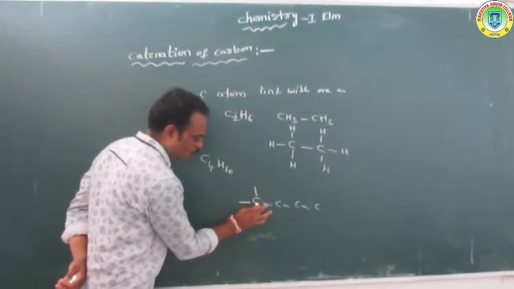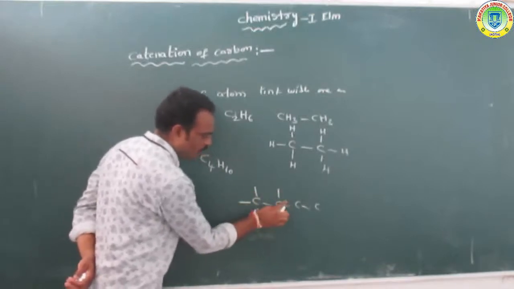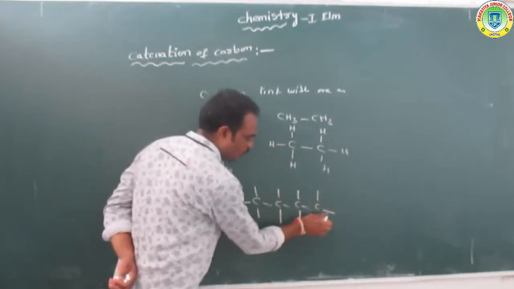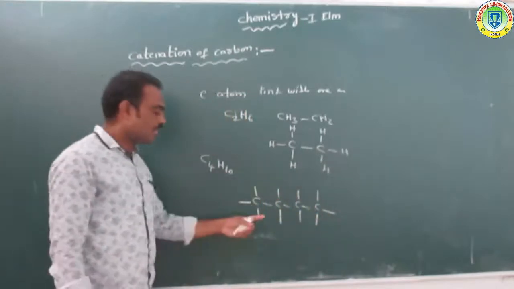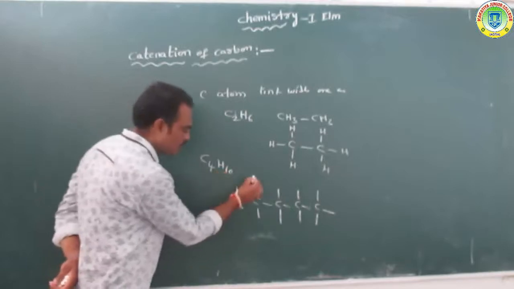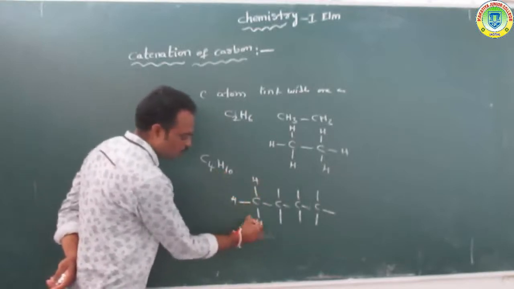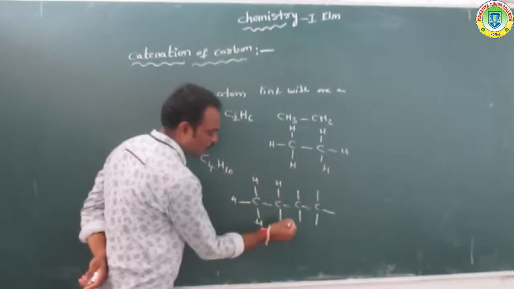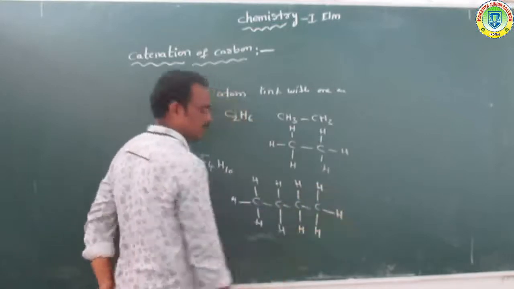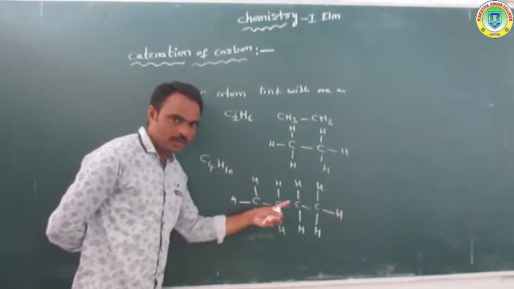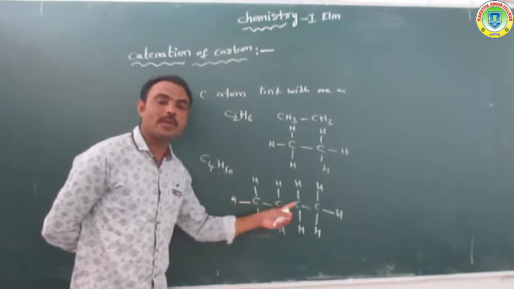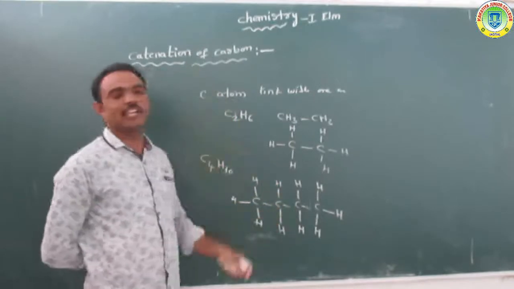Then we arrange the hydrogen atoms. How many hydrogen atoms? 10. So the chain linkage of carbon atoms is simply what we call catenation.